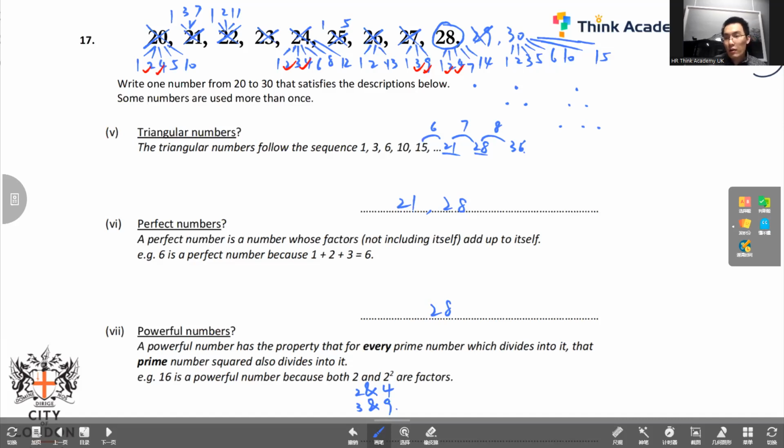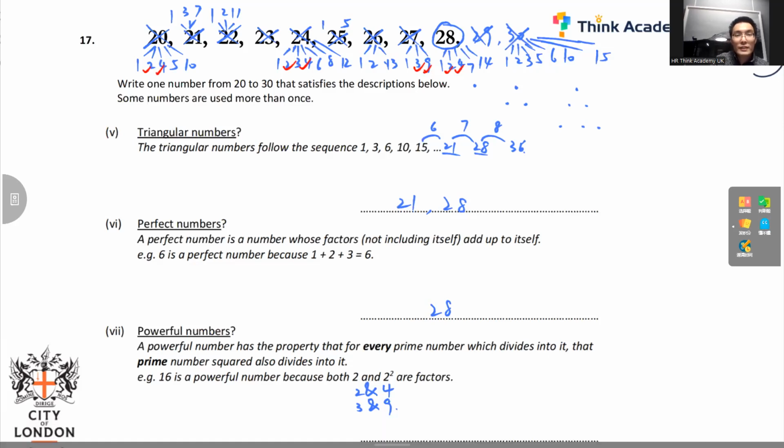So no, 2 and 4 not included, 3 and 9 not included. Is it a perfect number? Let's check. 1 plus 2 plus 3 is 6. 6 plus 5 is 11. 11 plus 10 is 21. 21 plus, okay, so it's definitely larger than 30, so it's not a perfect number either. 30, cross it out. So for powerful numbers, we have 20, 24, 27, and 28.